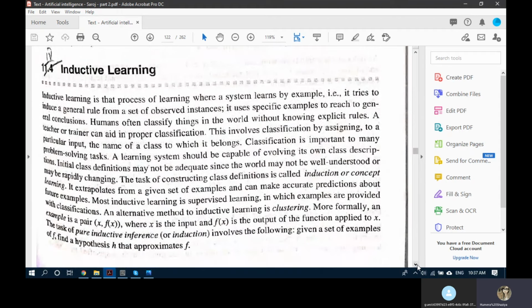Inductive learning. Yesterday we discussed inductive learning. Do you remember it? Can you tell me? Yes, inductive learning is about learning the patterns in data.